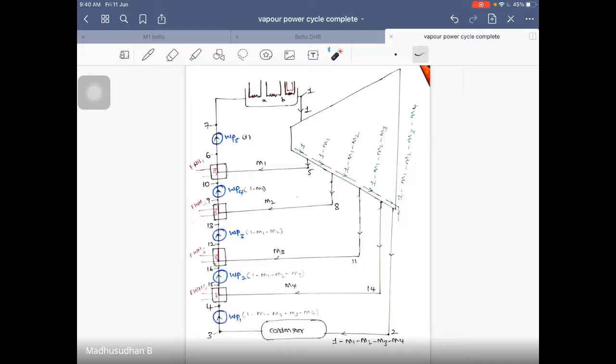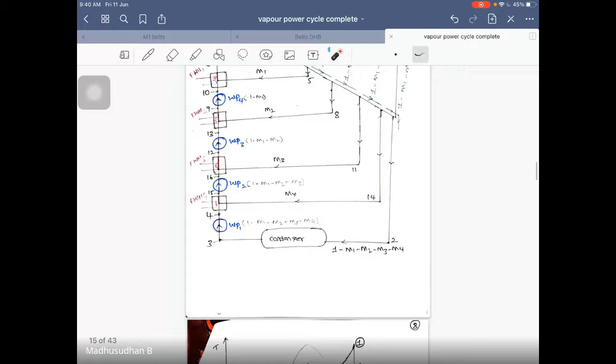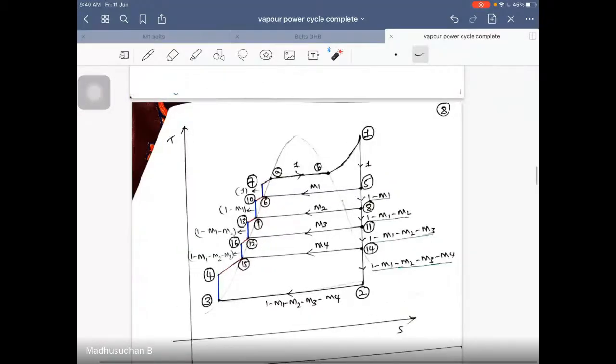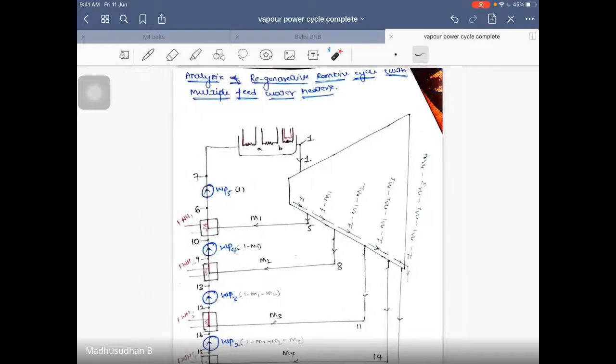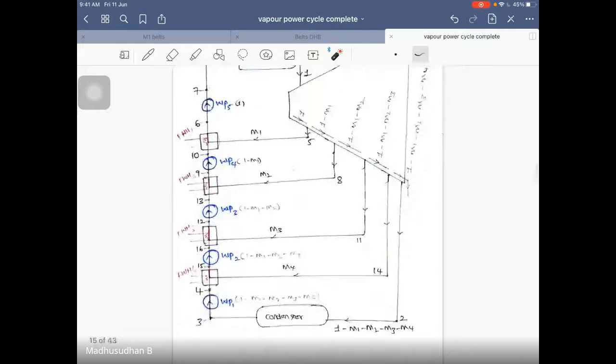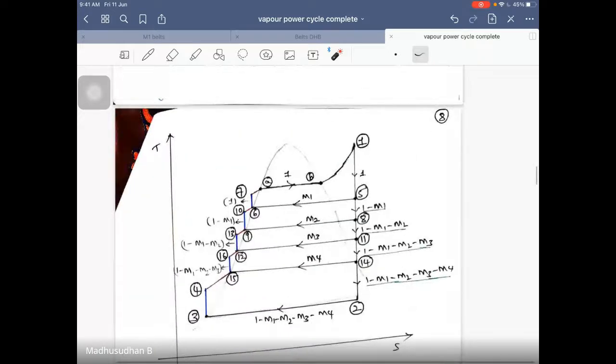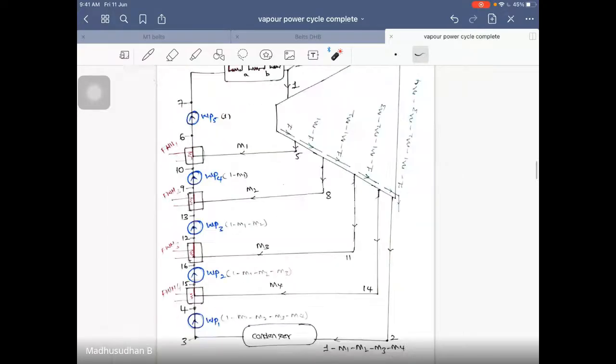If you have any doubt, call. I will show the TS diagram too, so you don't get confused. Both these figures have to be drawn: analysis of regenerative Rankine cycle with multiple feed water heaters, this diagram and this diagram. Neatly, understanding every parameter and learning the concept, draw it, and we will discuss in the next class.